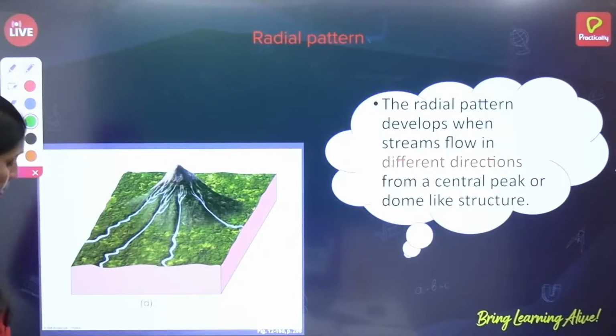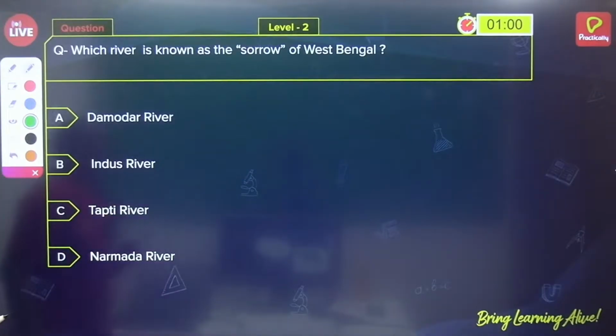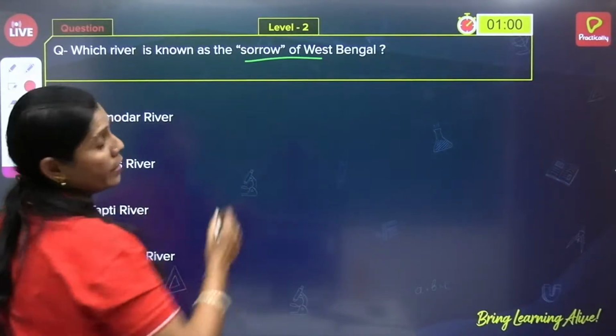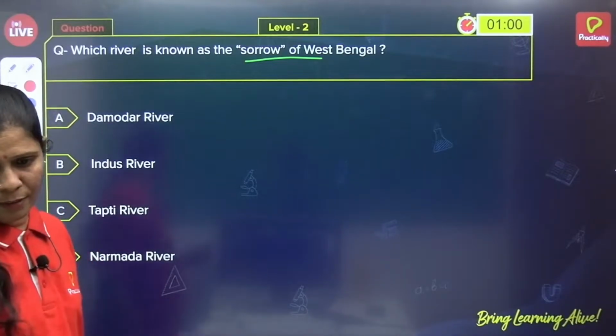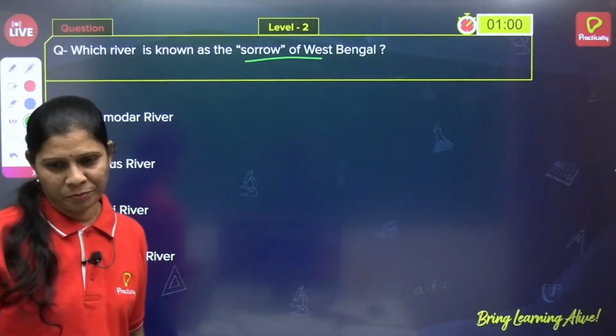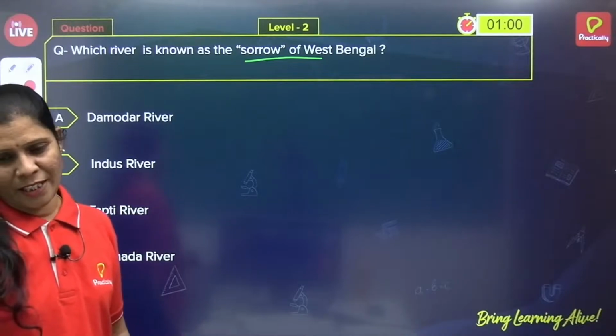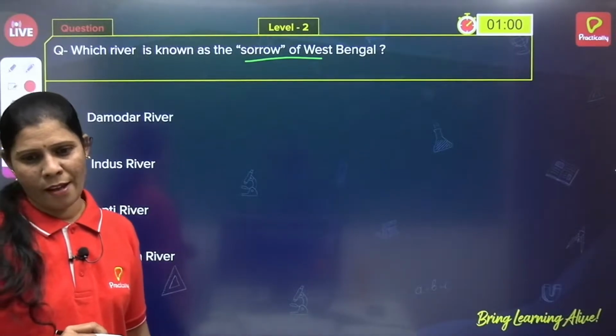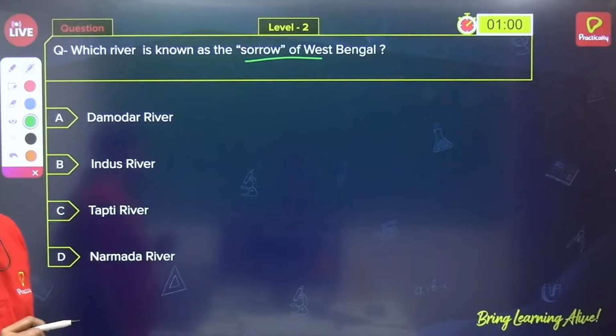Now let's have one question here. Which river is known as the sorrow of West Bengal? Can I get an answer?